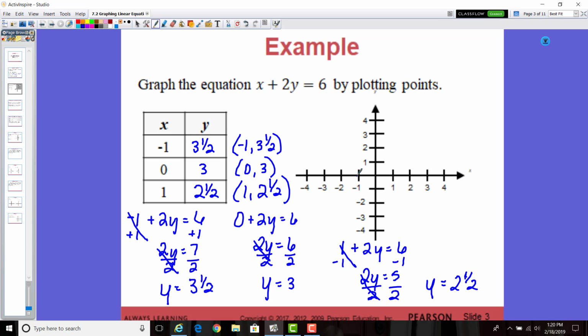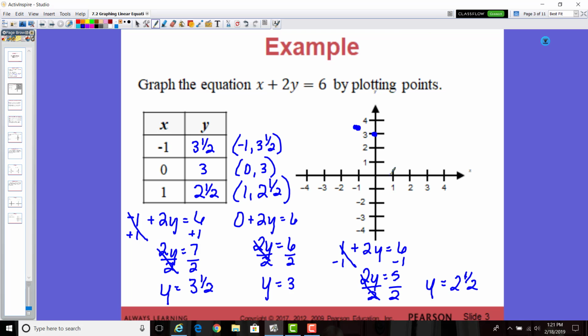We have three ordered pairs and we can graph them. So if x is -1, we go to the left one. My y is 3.5, so I go up between the 3 and the 4 and plot my point. The second one is the ordered pair 0, 3. So at my origin, x is 0, so if x is 0, I cannot move left or right. If y is 3, I can move up to the y value of 3.